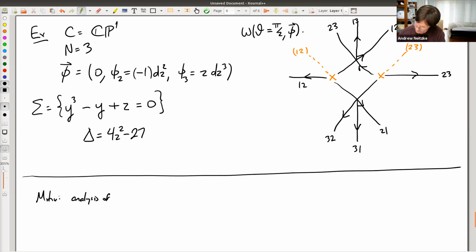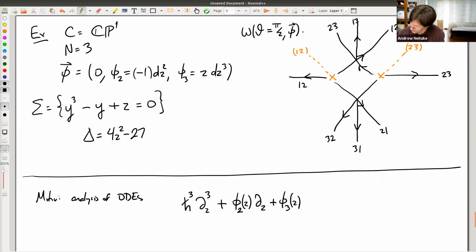For example, the example above that I drew here would correspond to the equation h bar cubed d^3/dz^3 plus phi 2 of z d/dz plus phi 3 of z, applied to psi, equals 0.